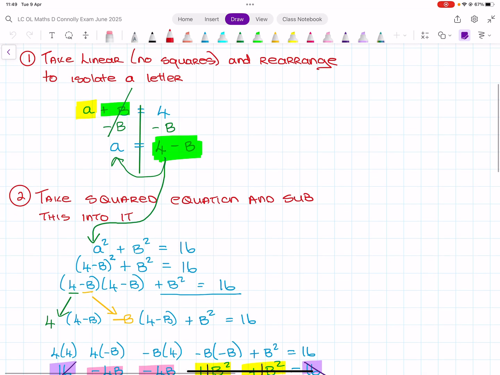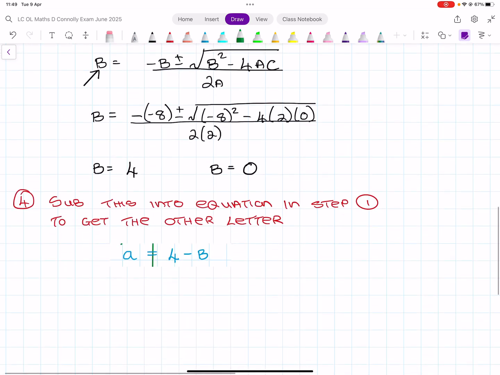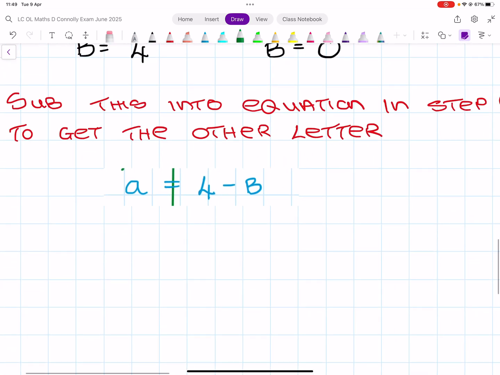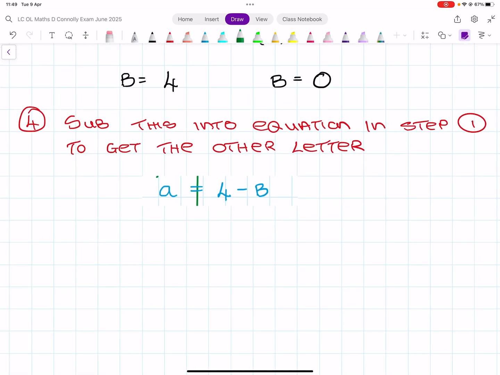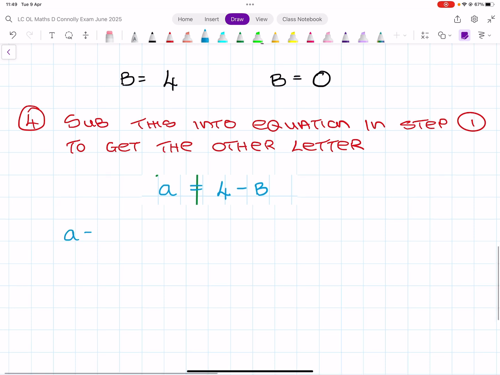So I'm robbing this equation here, and I've brought it down here. Yeah? And now what we're going to do is we're going to do it once using this for b. So that would be 4 minus 4, so a is 0.